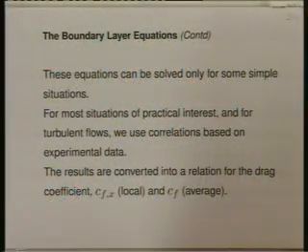So these equations can be solved only for a set of reasonably simple situations. And hence, for most situations of practical interest, and for situations in which the boundary layer is turbulent, either the whole boundary layer is turbulent or the boundary layer is turbulent in part, we use correlations based on experimental data.